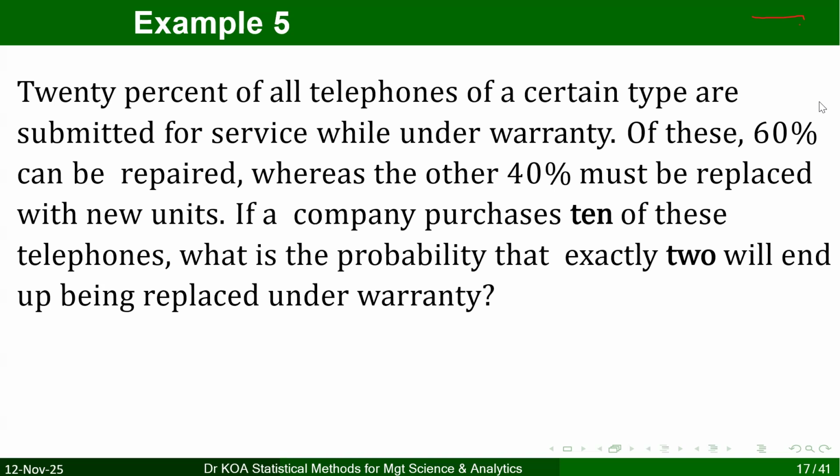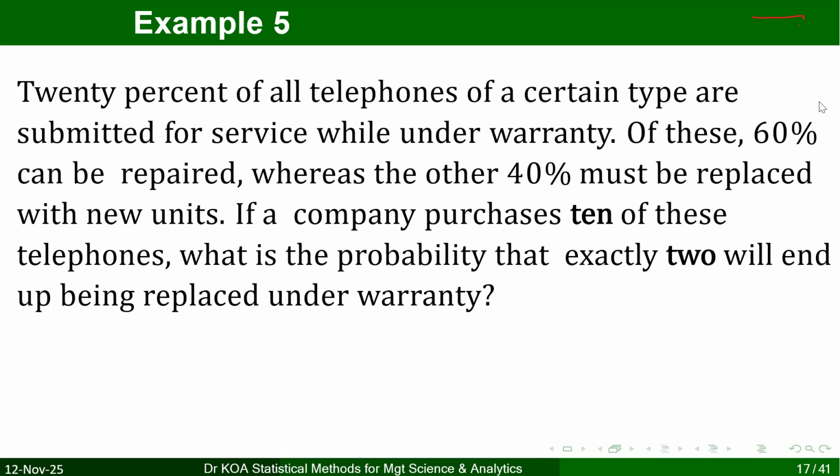Okay, so we have those that will be submitted and those that will be replaced, isn't it? So we have to identify some key percentage values. We need to first of all find the probability that a phone will be submitted, the probability that a phone will be replaced.